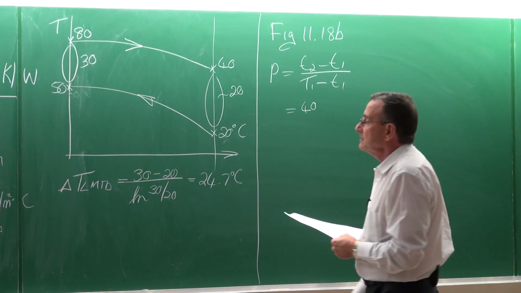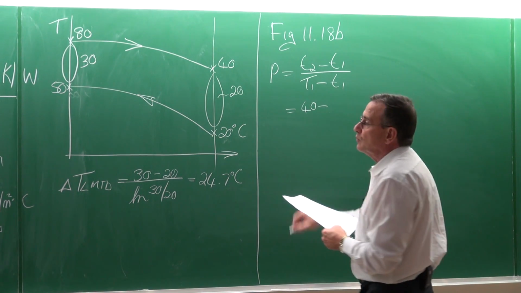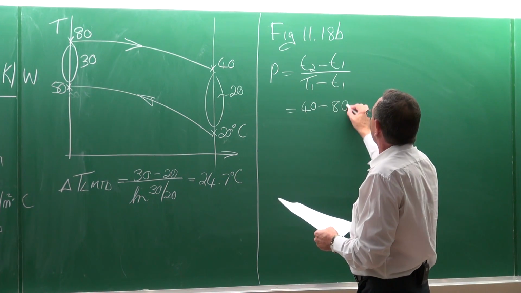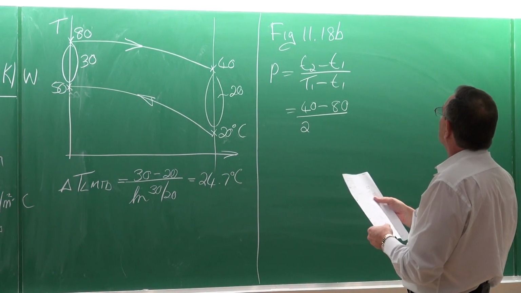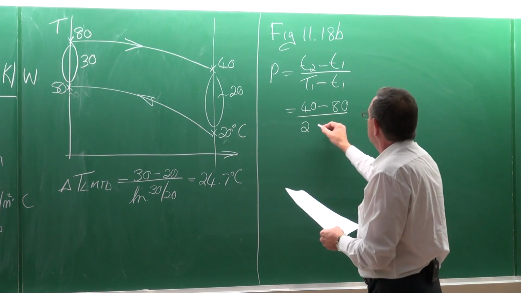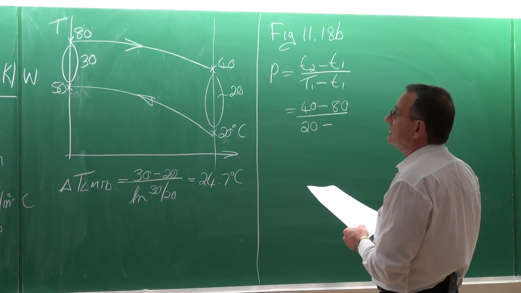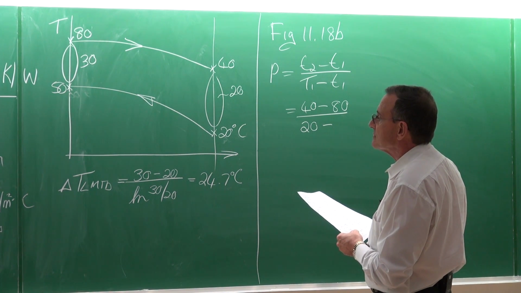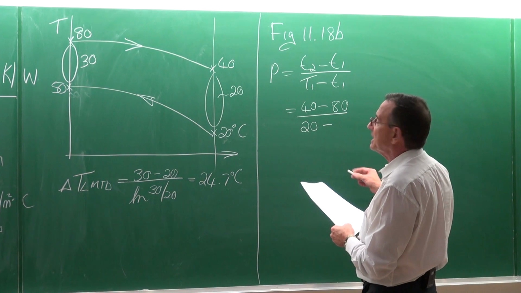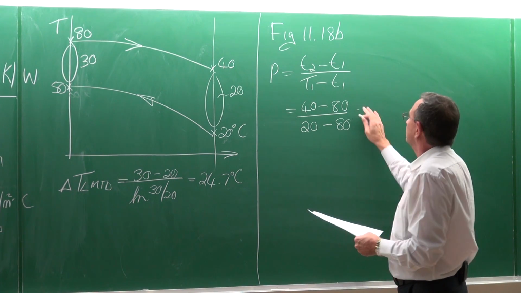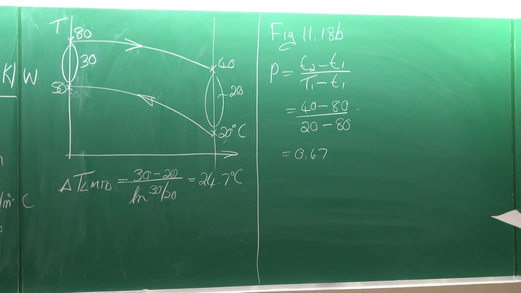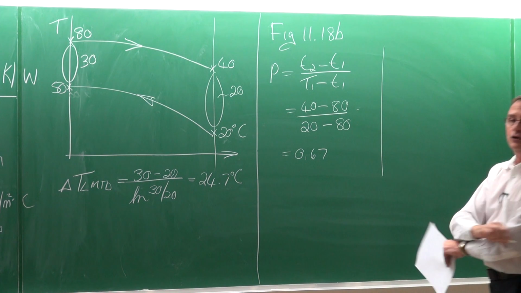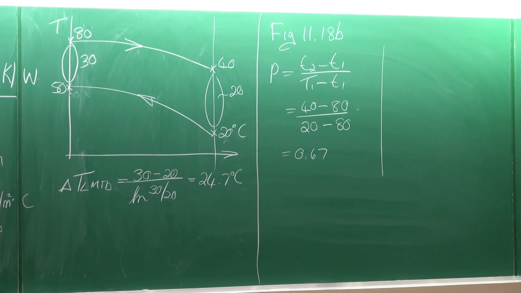Small t2 is 40, minus small t1 is 80, divided by capital T1, which is 20, minus small t1 is 80. Okay? And that works out as 0.67. You agree with that? You're all fine with that?